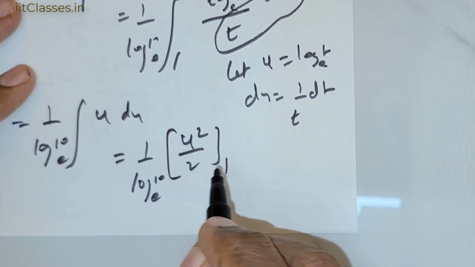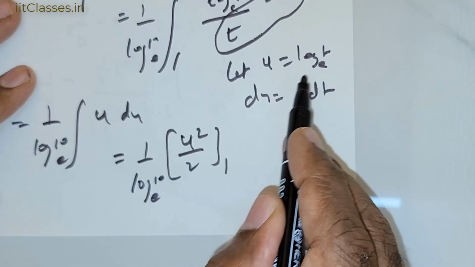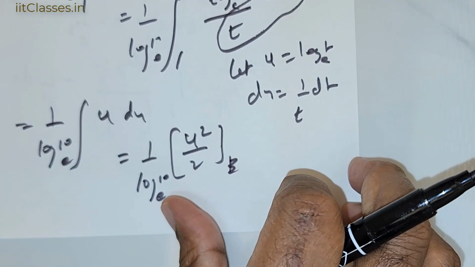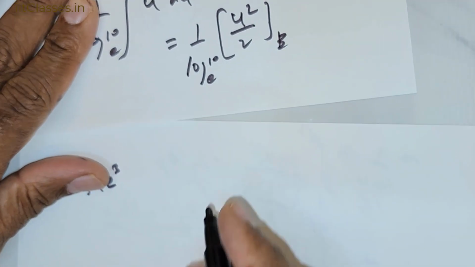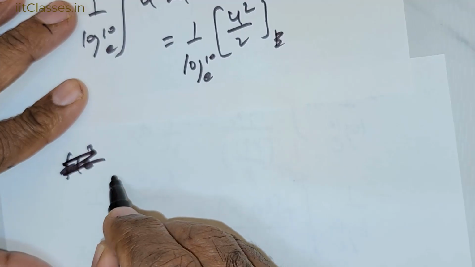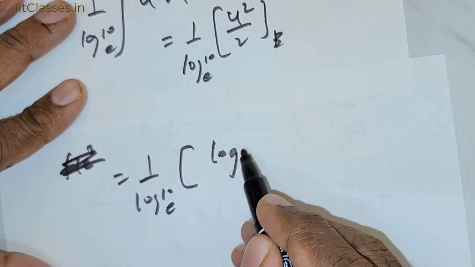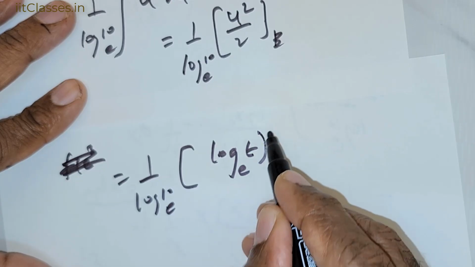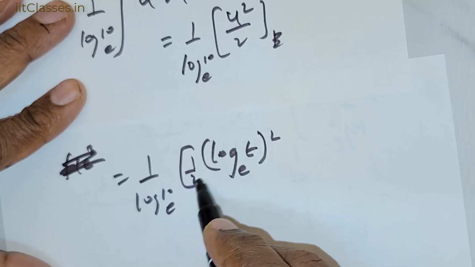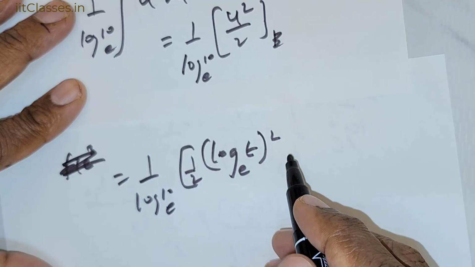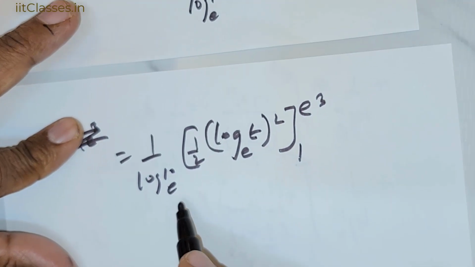We don't have the limits, so what I will do is substitute the log value. So let me make the substitution or revert back. So this is equal to 1 over log 10 to the base e, log t to the base e squared. The 1 over 2 is there, so I will place the 1 over 2 there. So the limits are 1 to e raised to the power of 3. This is how it looks.